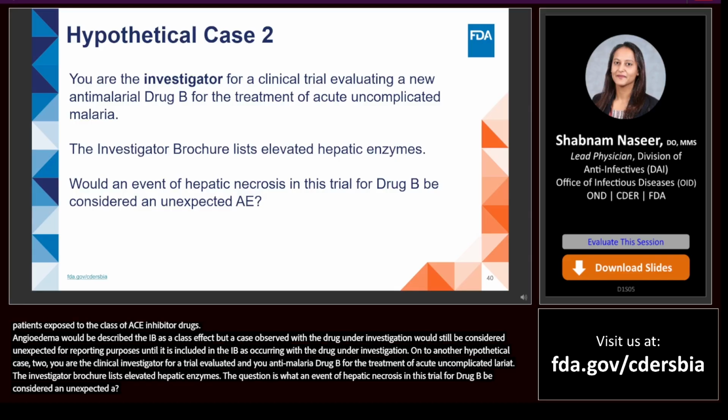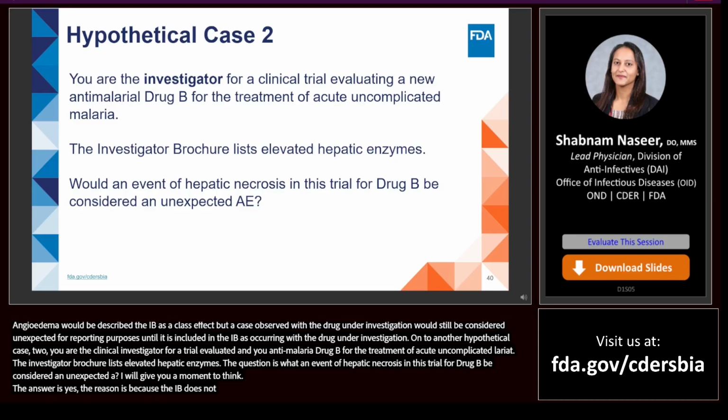I'll give you a moment to think. So the answer is yes, hepatic necrosis in this hypothetical case would be considered unexpected. And the reason is because the IB does not list the AE at the severity observed. So you're seeing hepatic necrosis when only elevated hepatic enzymes are noted in the investigator's brochure.